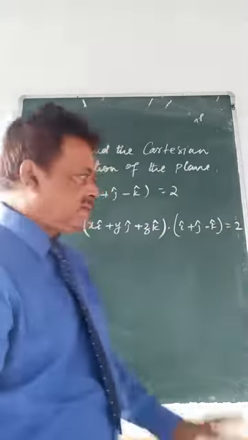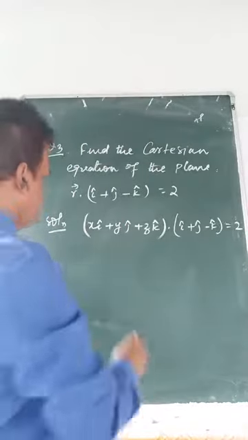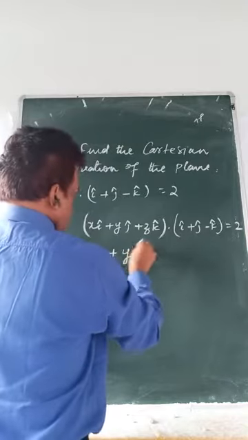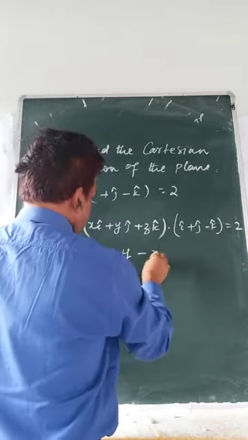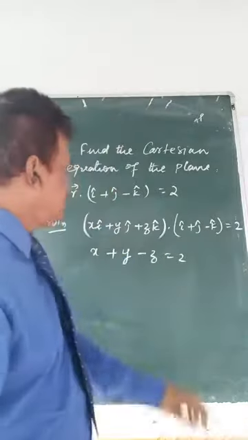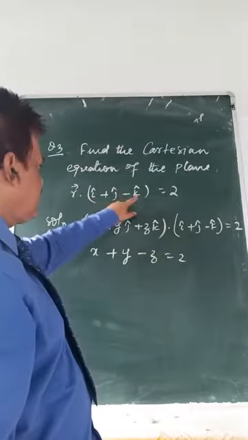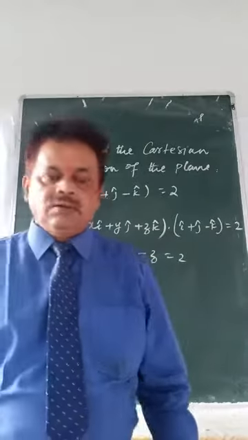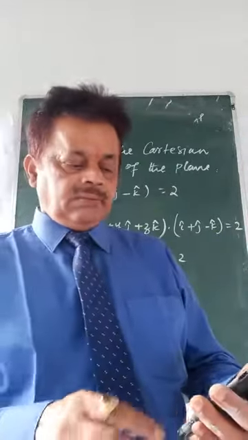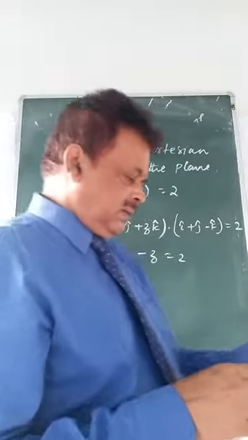Simple multiplication: x into 1, so x; y into 1, y; z into minus 1, minus z, equals 2. So this line is not required. What you will do is replace i, j, k by x, y, z, you will get your answer. So you can take one more question, that will be clear to you.